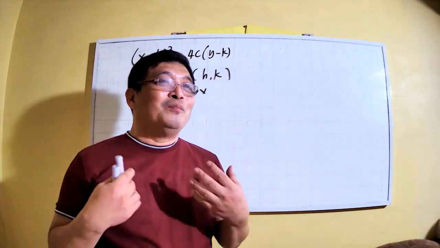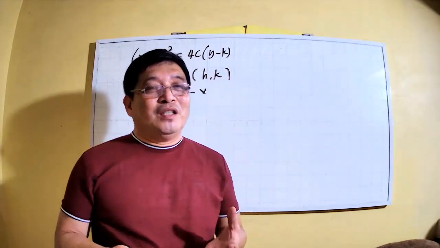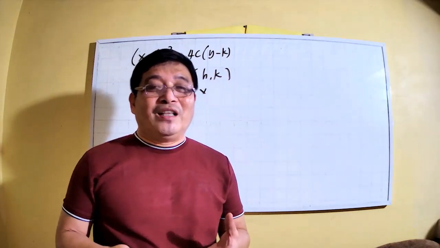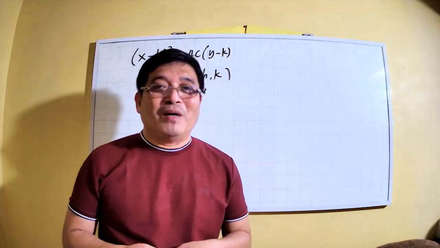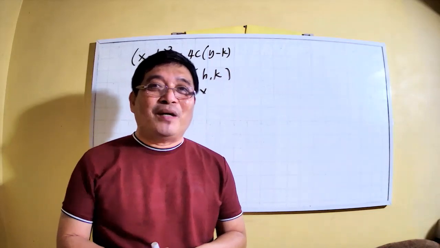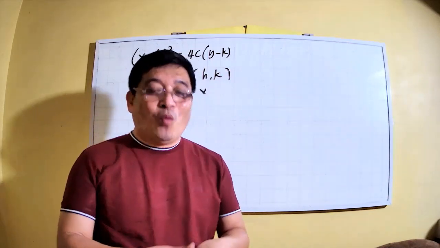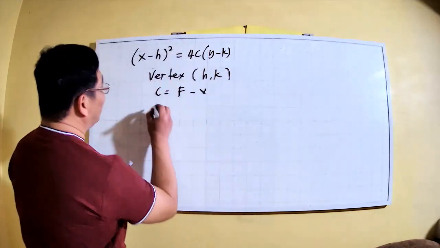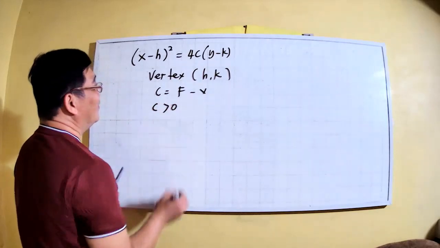Paano mo malalaman yung behavior ng graph is upward or downward? It depends on the value of C. Kung value ng C is greater than 0, then the parabola opens upward.